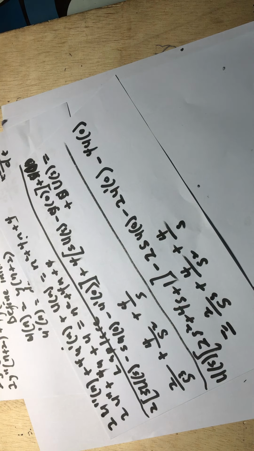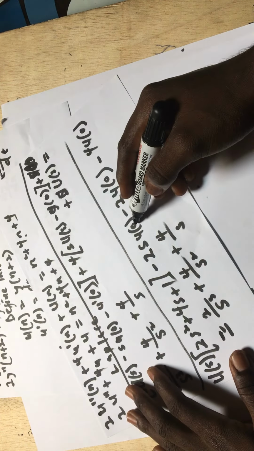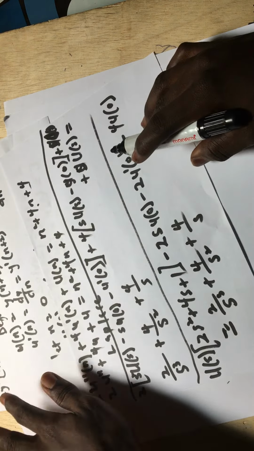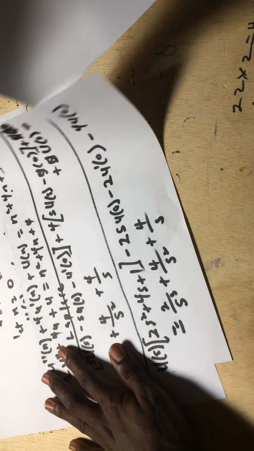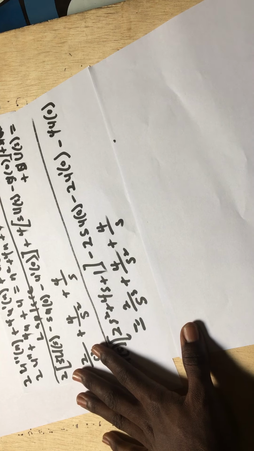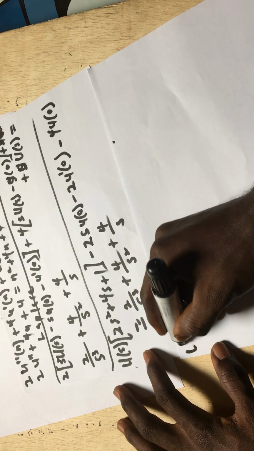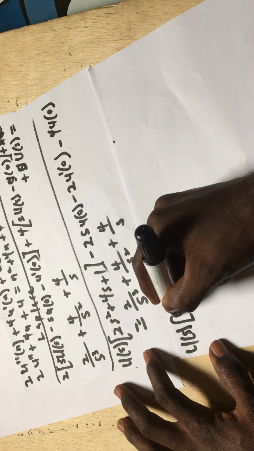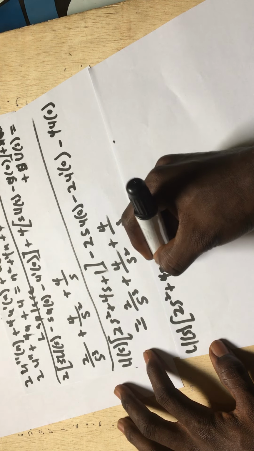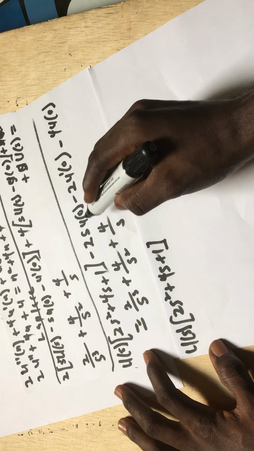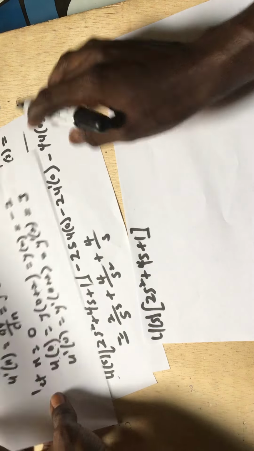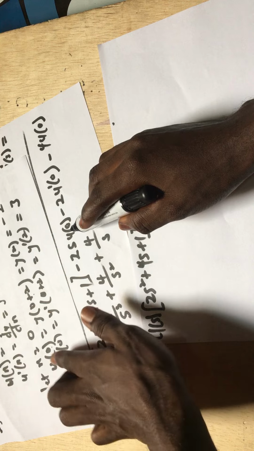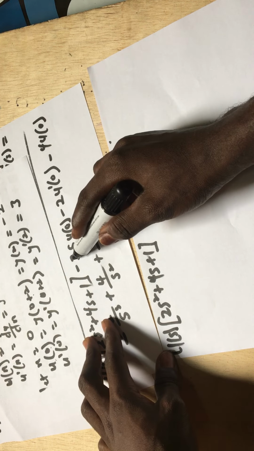Are you guys okay? So we should continue, right? Now we know our U(0) and our U'(0). U(0) is negative 2, so negative 2 will multiply this.